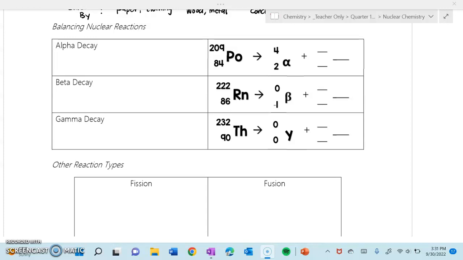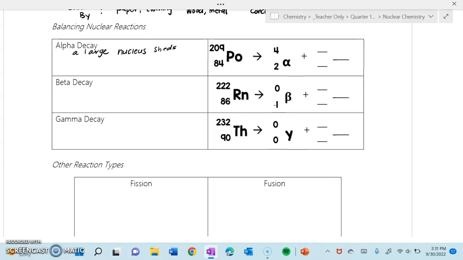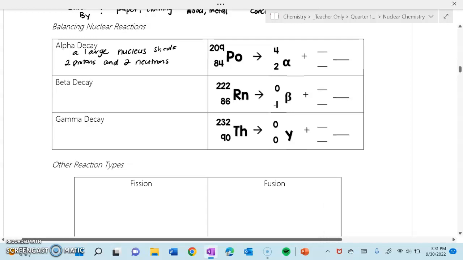So alpha decay, we said, is when we have a large nucleus that sheds 2 protons and 2 neutrons because it's unstable, it's too big, so it sheds this large particle to quickly become more stable. 2 protons, 2 neutrons, and that is just a helium nucleus made of mass 4, protons 2.